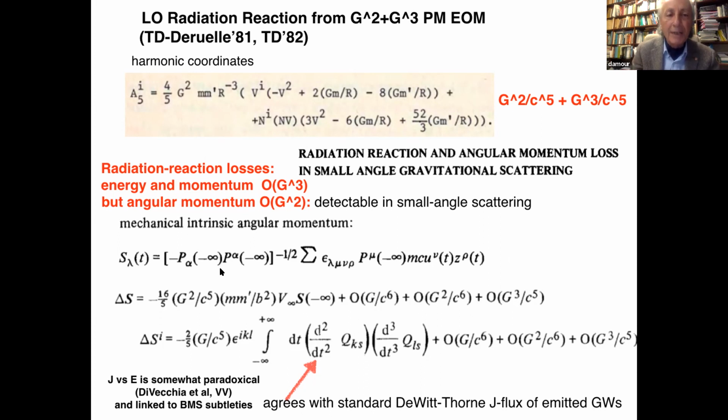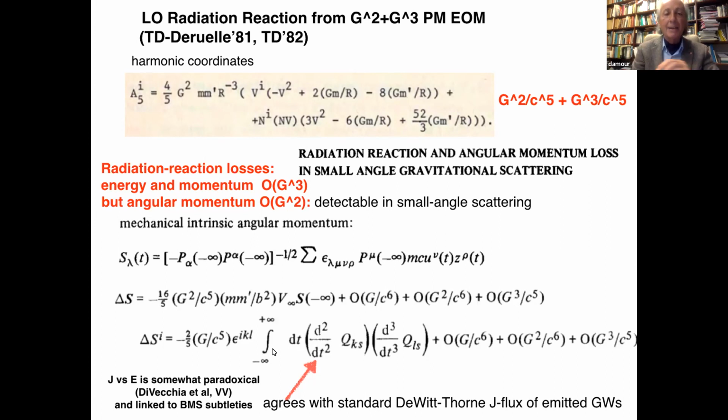You see them via the fact that the mechanical angular momentum of the system, defined explicitly from the two point particles, disappears because of the equations of motion, I mean, is lost, and that this loss of angular momentum agrees with the standard DeWitt-Thorne formulas for the flux of angular momentum emitted at infinity in the form of gravitational waves.